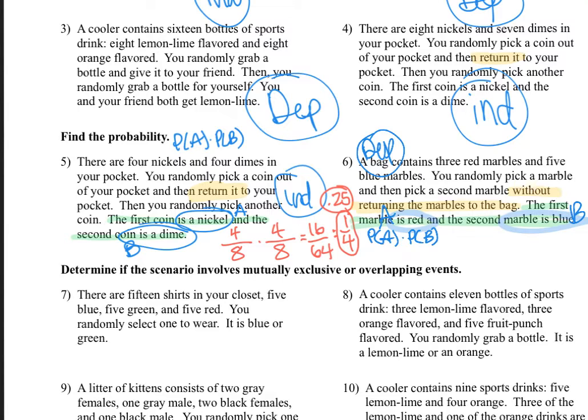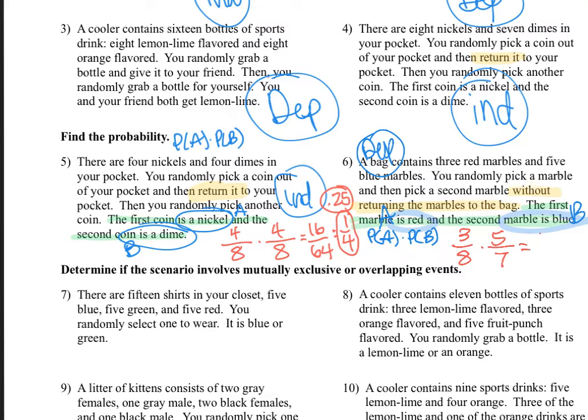Probability of A, so the probability of me picking a red marble is 3 out of, let's see, I have 8 total, times, now since I did not return the marbles to the bag, I now have 7 total marbles to choose from when I go in and pick the second one. In blue, there are 5.